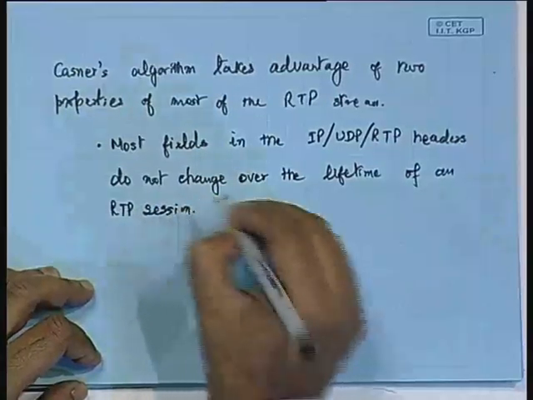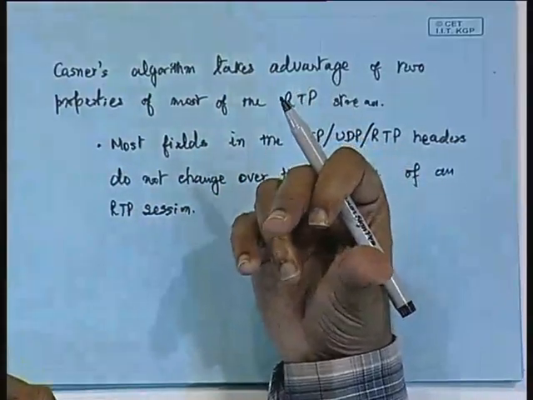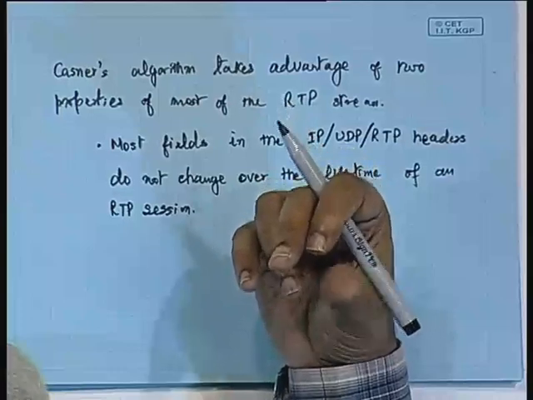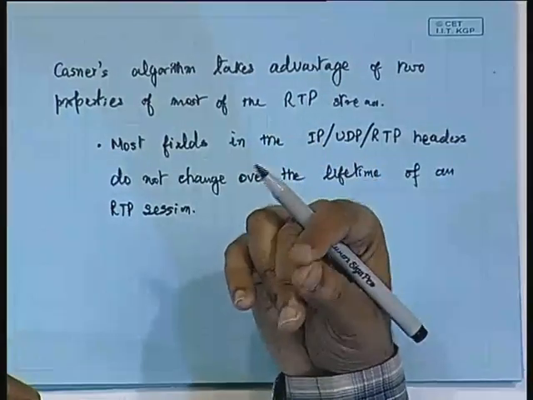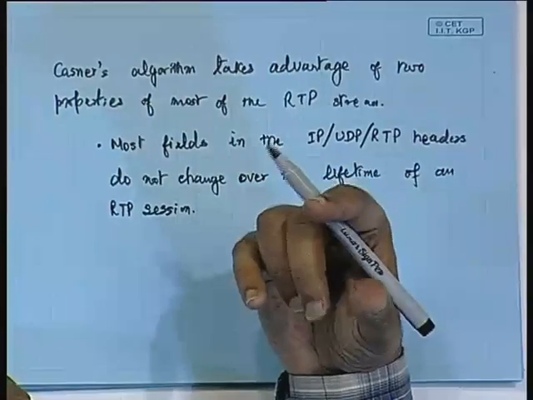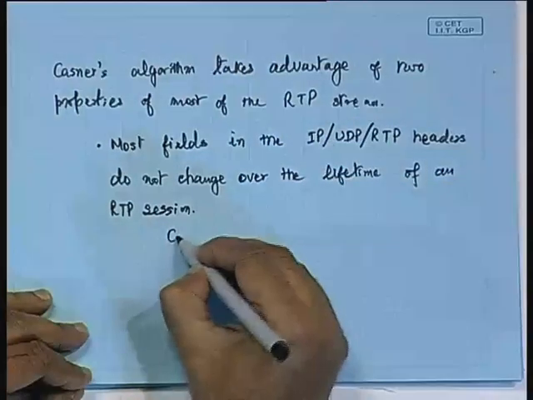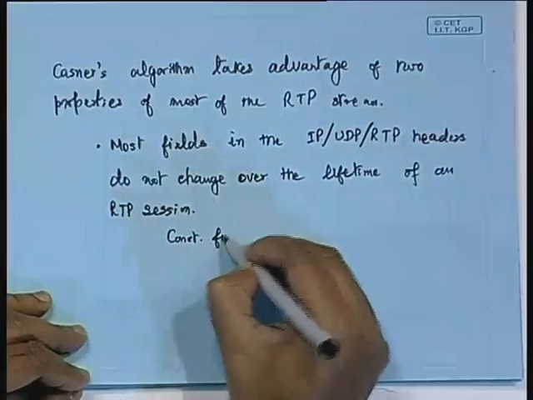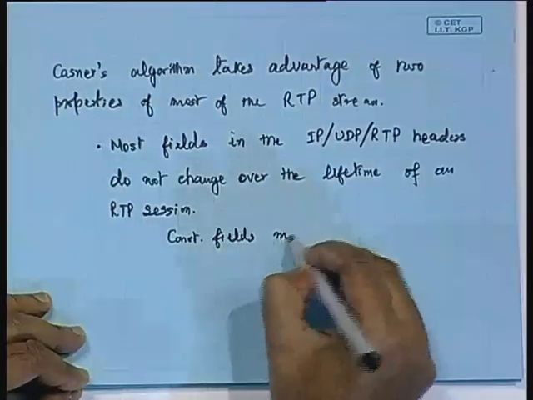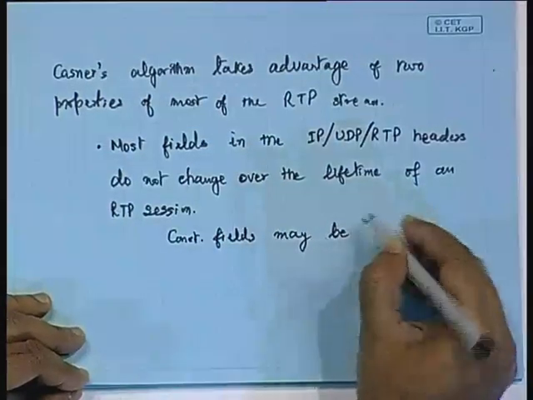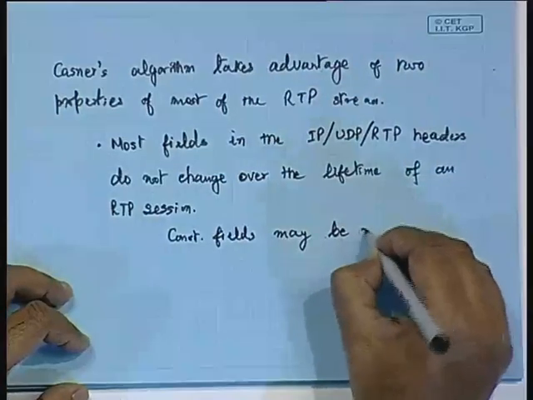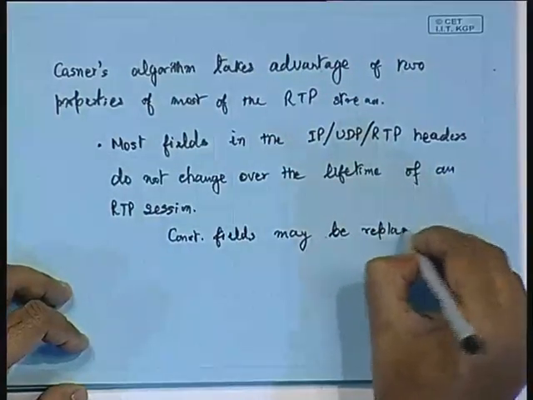So, naturally these constant fields may be replaced with a fewer number of bits. Okay. So, the constant fields may be replaced by a smaller number of bits in the mini header.